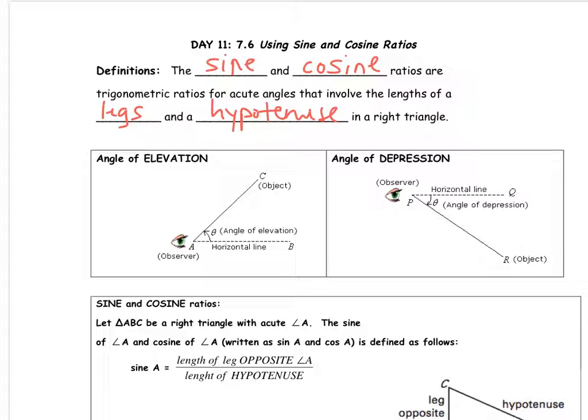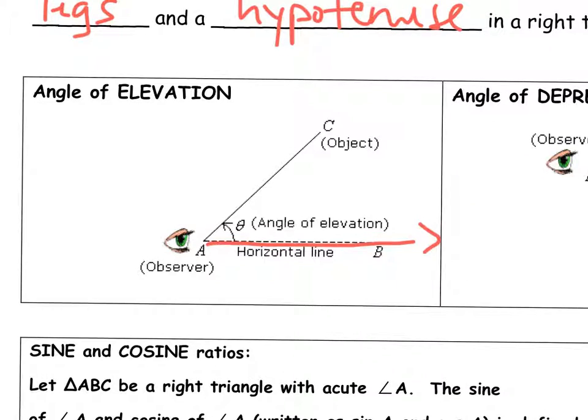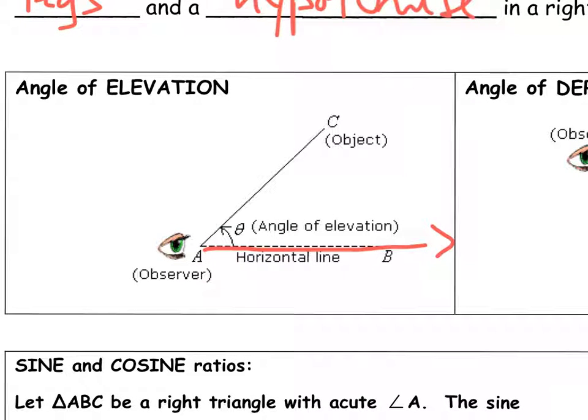All right, a couple of phrases to be aware of. Angle of elevation. We refer to this as our line of sight, and that's why it looks like a little eyeball there. It's your line of sight up, angle of elevation. So, for example, if I am looking at an airplane in the sky, I am looking up at the airplane, so my line of sight is straight across, but my angle of elevation is up to the airplane.